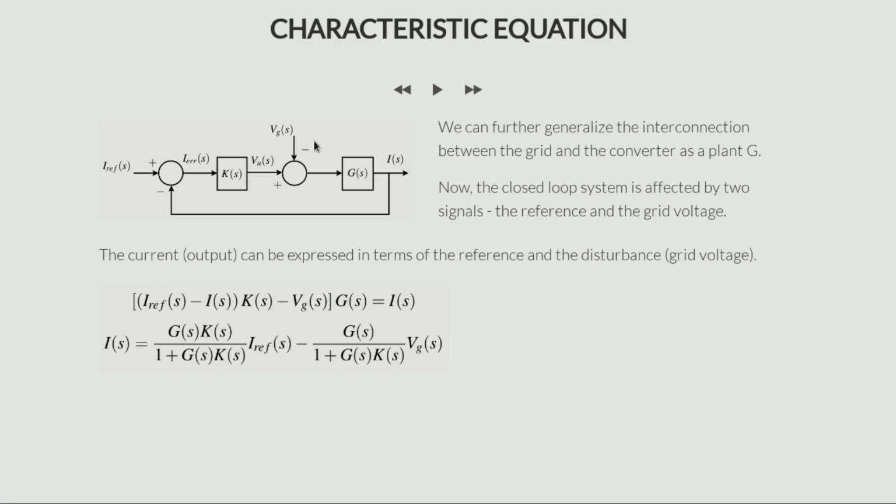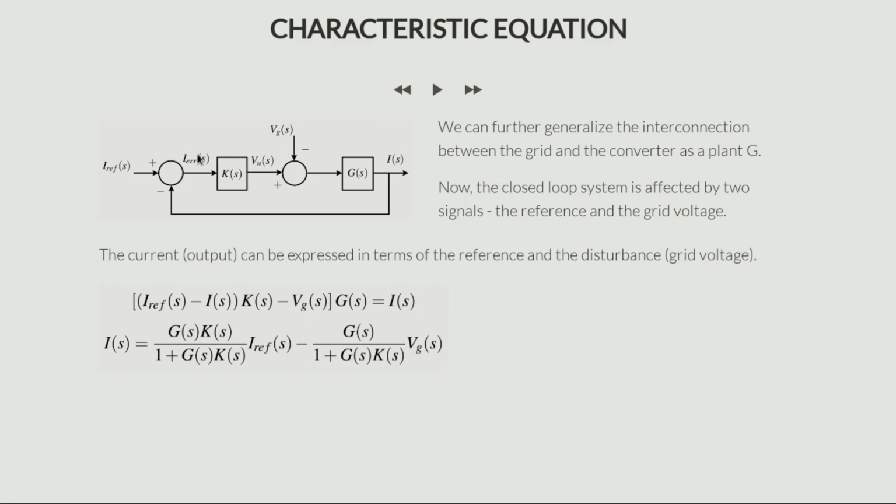Of all these variables, the only ones provided externally to the system are the reference and the grid voltage. These are independently provided. All other variables are internal and calculated, not provided.